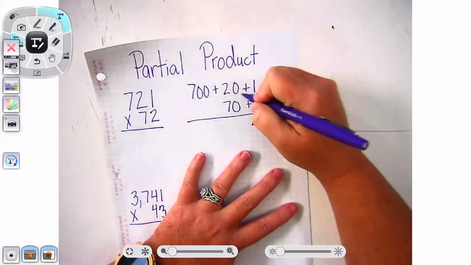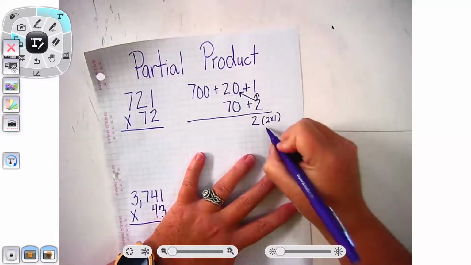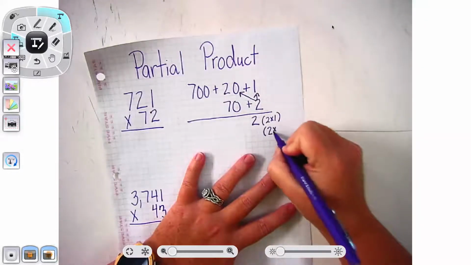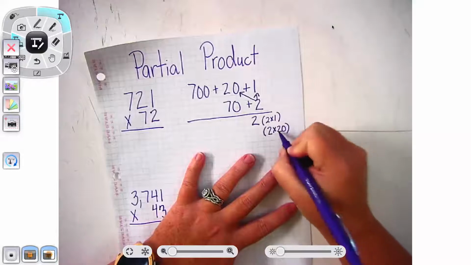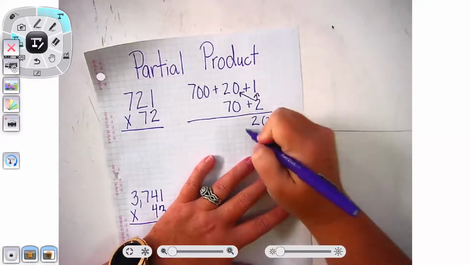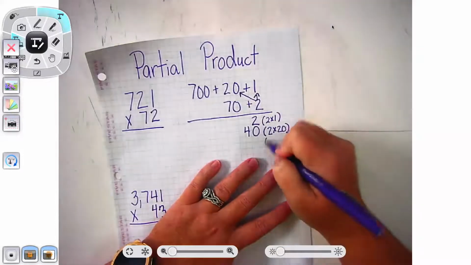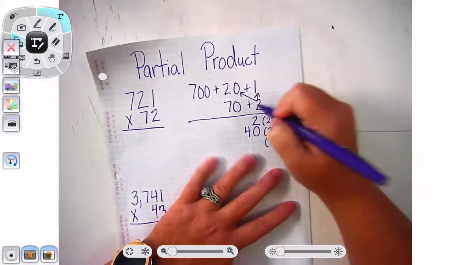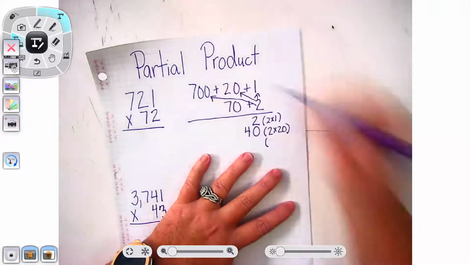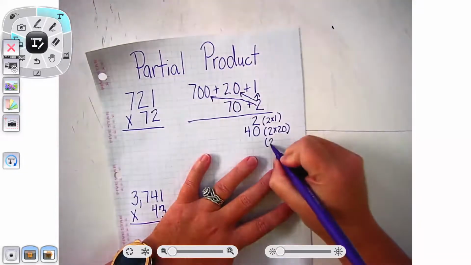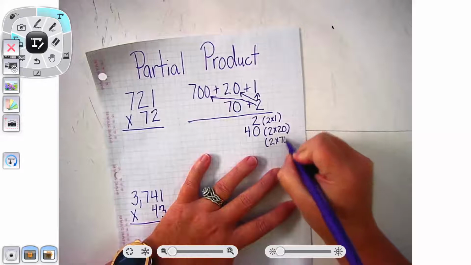Okay. Then I'm going to take my 2 times the number in the tens place. 2 times 20. 2 times 2 is 4, with the 0, that gives me 40. Then I'm going to take my 2 times my number in the hundreds. So 2 times 700.